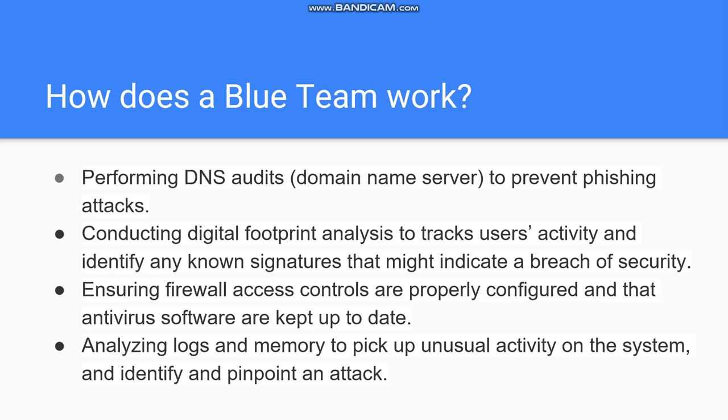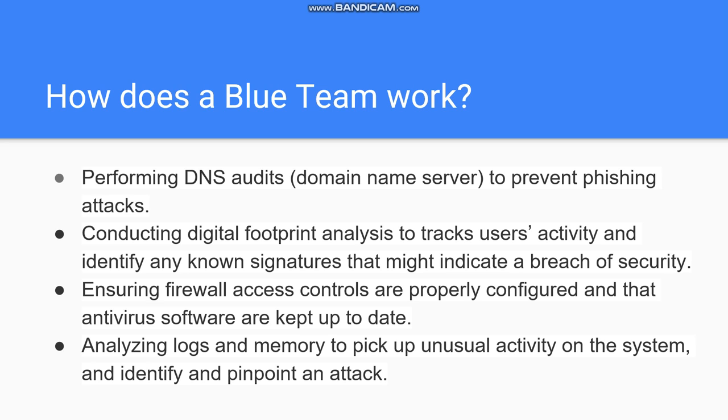So, how does a blue team work? Performing DNS audits, which is domain name server audits, to prevent phishing attacks, conducting digital footprint analysis to track users' activity and identify any known signatures that might indicate a breach of security.